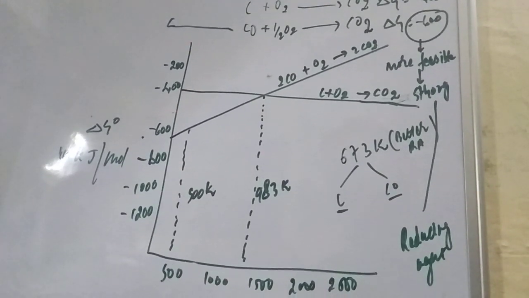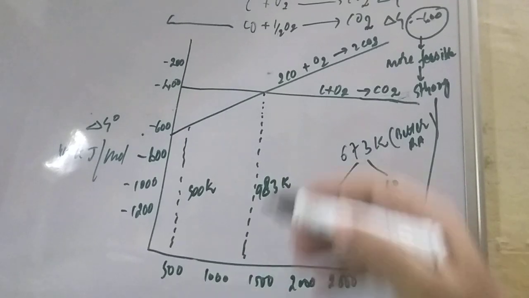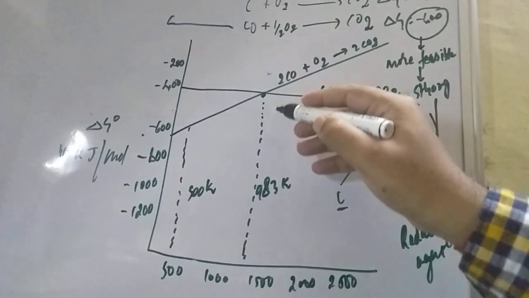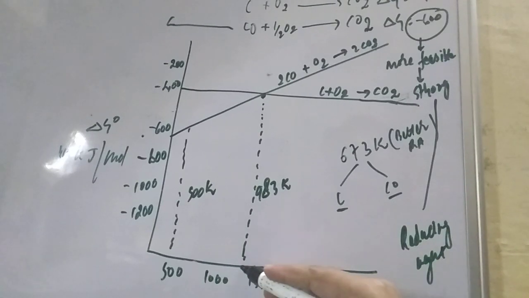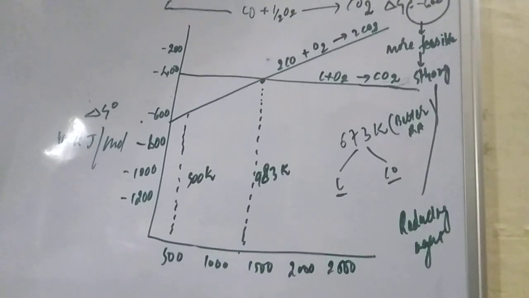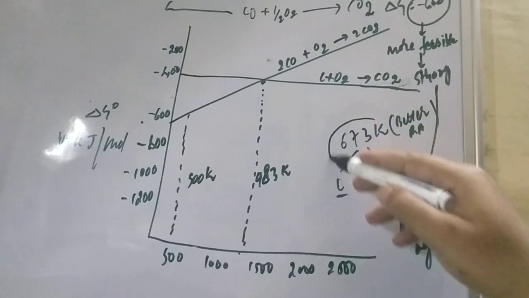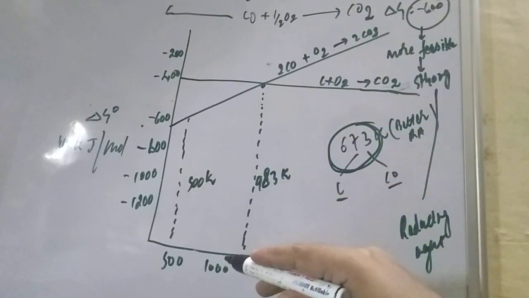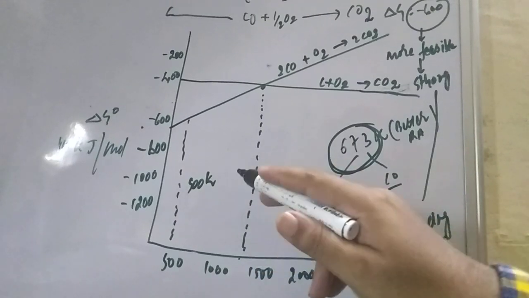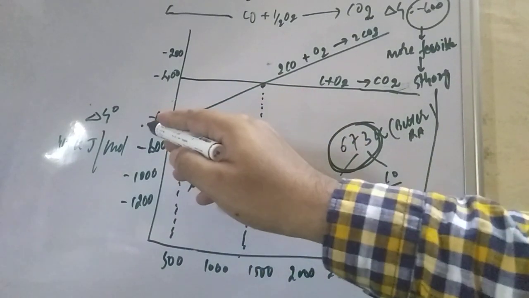What you have to keep in mind is that here you see the point of intersection. At that point, the temperature is around 1000 Kelvin, but they are asking about lower temperature, and which has the more negative delta G value at lower temperature. This is the delta G value.